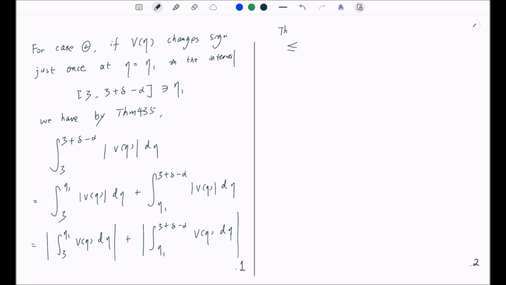By this theorem, uniform bound, these two are both bounded by a1, and together they are bounded by twice a1. So this is the case when v of eta changes sign just once. Because v of eta changes sign at most once, the other case must be that v of eta does not change sign at all. That is actually an easier case.